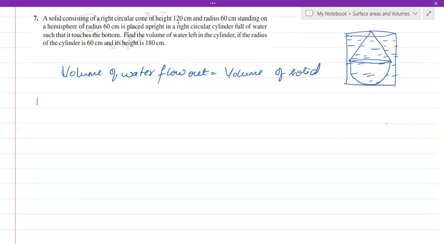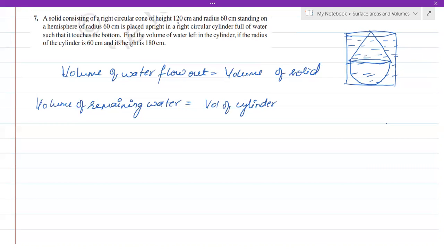So volume of remaining water will be equal to, first let's find what was the volume of water earlier. It was equal to the volume of cylinder, isn't it? Earlier, before placing the solid, it was equal to the volume of cylinder.